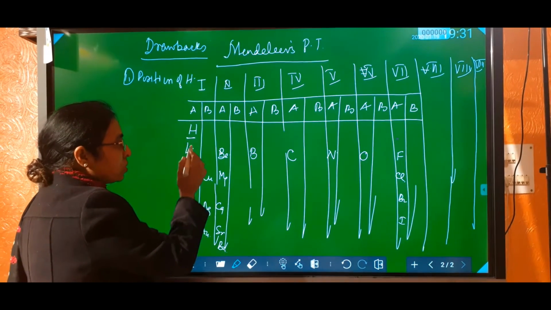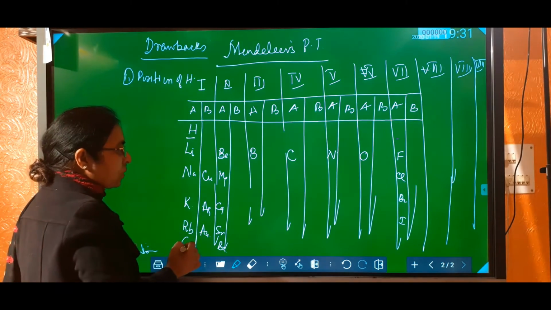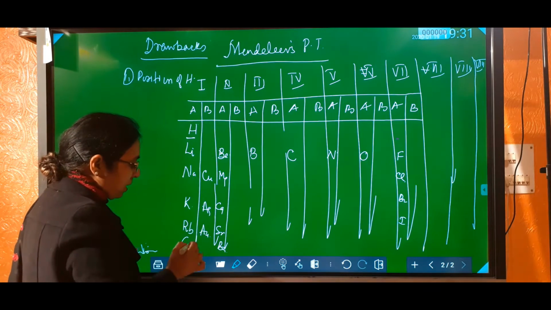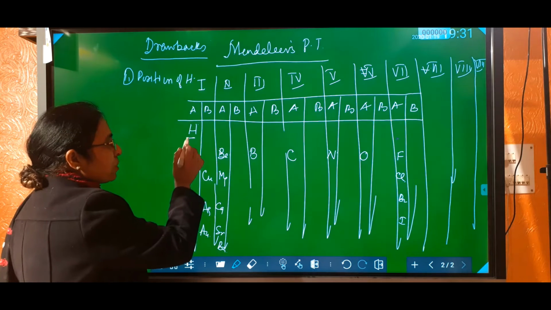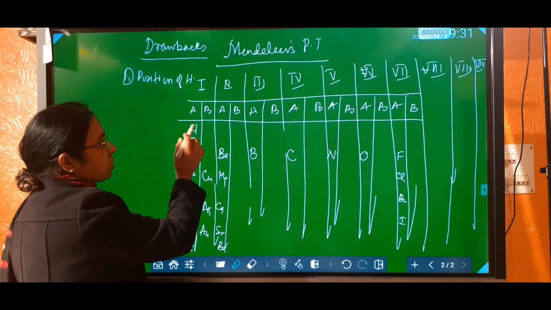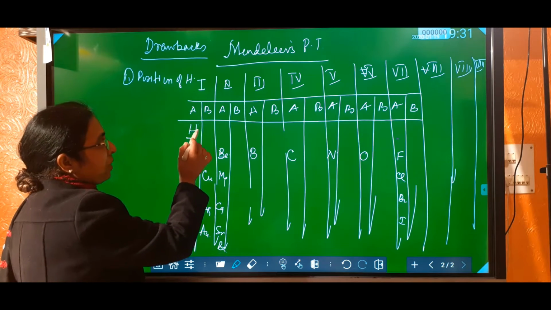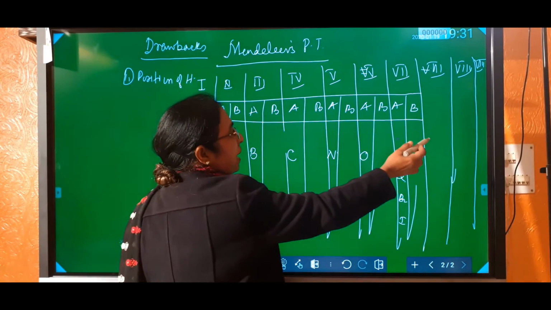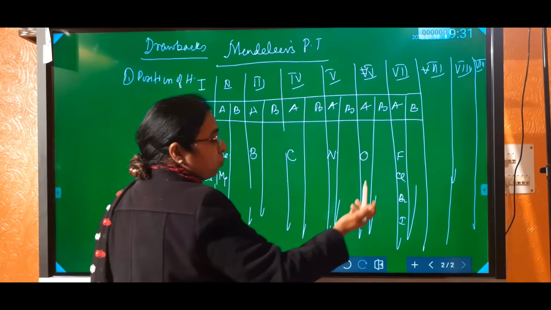Here it is placed with the metals because it forms +1 valency. So the position of hydrogen is a question mark, as it can fit into group 1 as well as group 7.